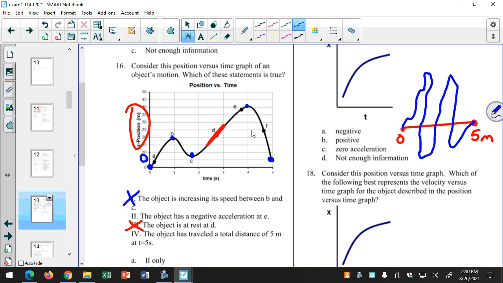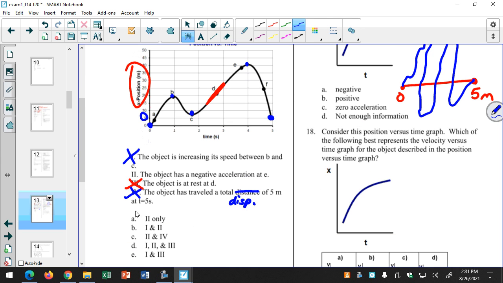So have you traveled a total distance of 5 meters at t equal 5 seconds? You've traveled much farther. Now, if this instead said displacement, it would be a true statement that in fact at t equal 5 seconds, your displacement has been 5 meters because your final position is 5, your initial position is 0. Whew, that's a tricky one.